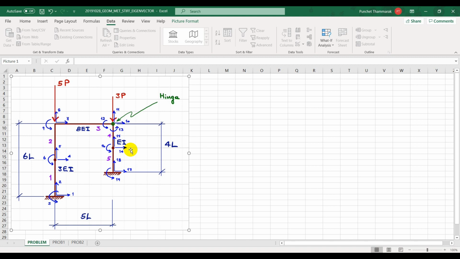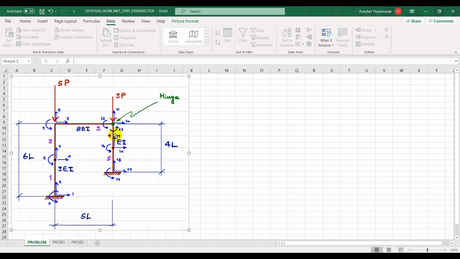That's the thing. But the point is that the way you distribute the load will change the overall frame eigen buckling capacity. All right. So it is not associated with just the structure, but it is also associated with the load pattern.